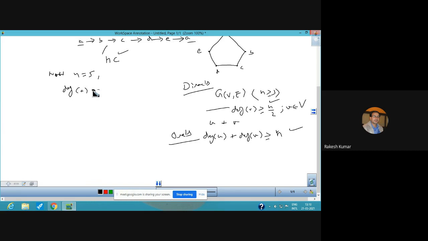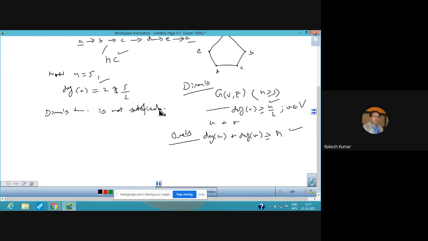Suppose I take the degree of A, that is 2, and 2 should be greater than or equal to 5/2. The degree of a vertex should be greater than or equal to 5/2, but this is not satisfied, because 2 is not greater than 5/2. And this is for all vertices. It is the same for A, and for B, because the degree of B is also 2, and similarly the degree of E is also 2. So this criterion is not satisfied for every vertex. It means the hypothesis of Dirac's theorem is not satisfied in this question.